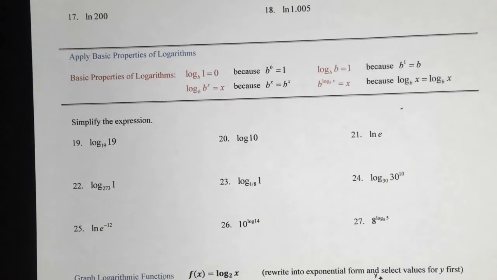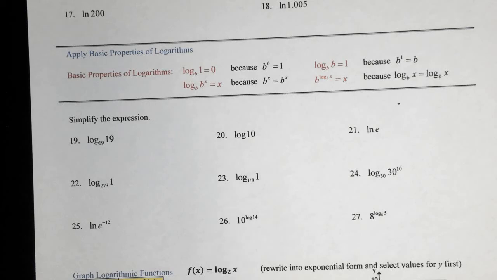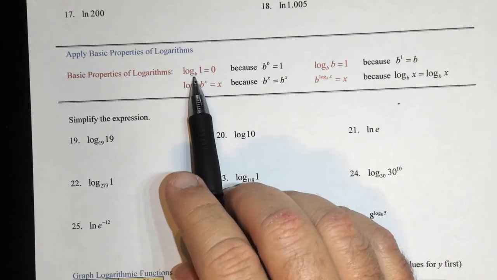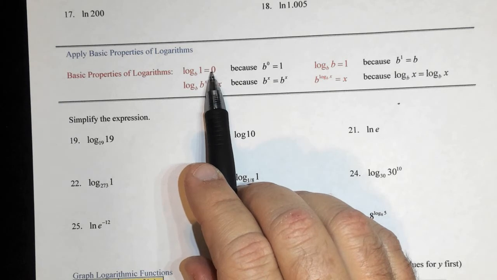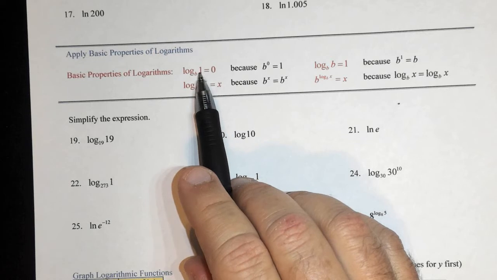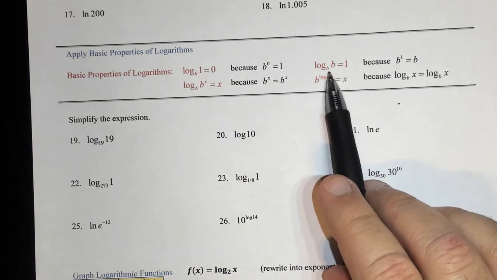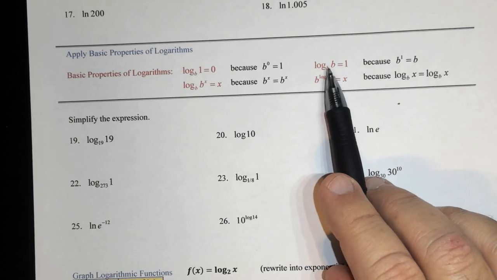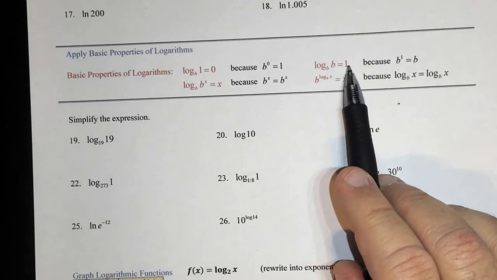But what we want to discuss is your basic properties of logs. Okay, so log to any base of 1 is always 0, because a base with an exponent 0 is always 1. Okay, any log base of whatever base number, when these two numbers are the same, is always equal to 1.